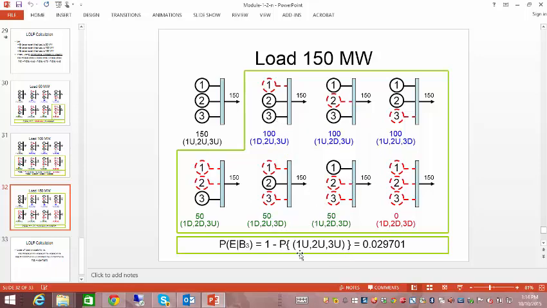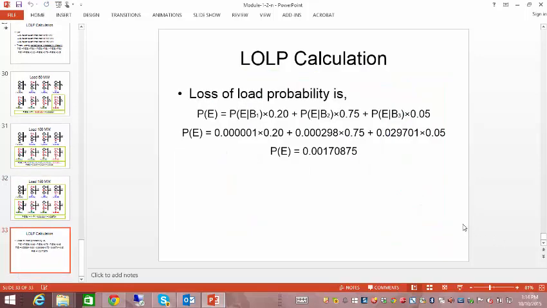So that's one application of the complementation rule. So for the LOLP calculation, we basically substitute in this equation that we had previously the probabilities of these, and we get the probability of loss of load.